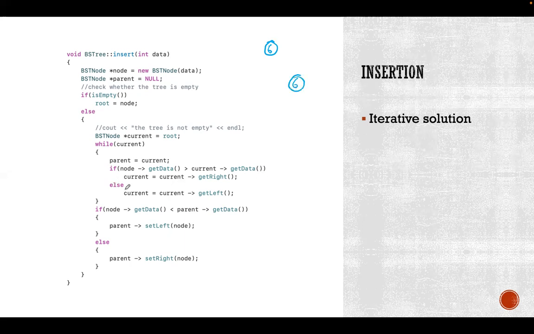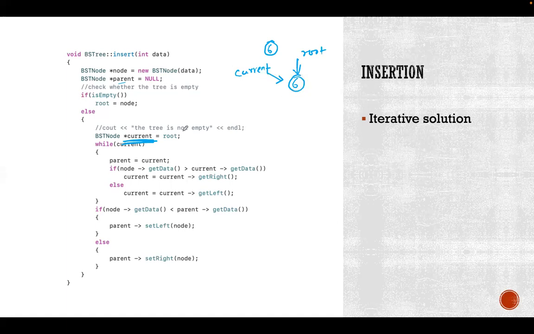If the tree is not empty, then we have a current node. Let's say this is our root, and we have another current node that will traverse the whole tree. We initialize current to be the same as the root node, meaning current points to the same node as root.